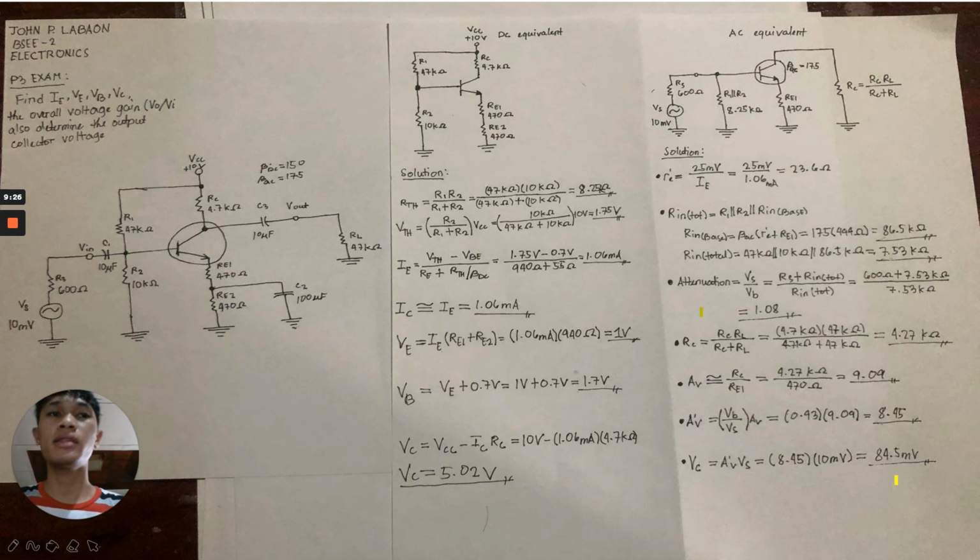So we get 84.5 millivolts. So we have already satisfied the answers for the given questions. The total collector voltage is the signal voltage of 84.5 millivolts RMS riding on a DC level of 4.74 volts.